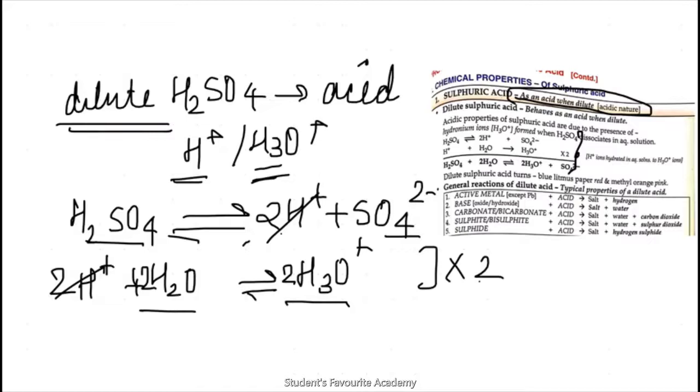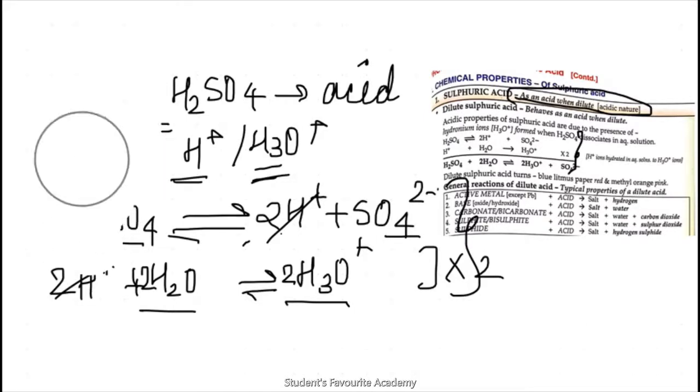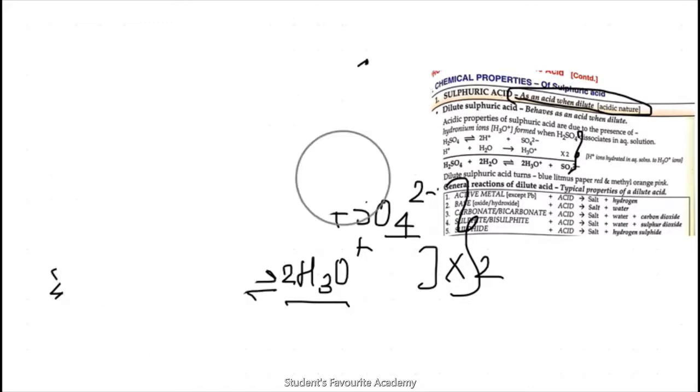Okay, so if the question is asked to show that dilute H2SO4 is an acid, in that case you will be required to write down these two equations. Okay, and then further how will you be testing? You know that there is a litmus test for acids and bases. The dilute sulfuric acid turns blue litmus red.